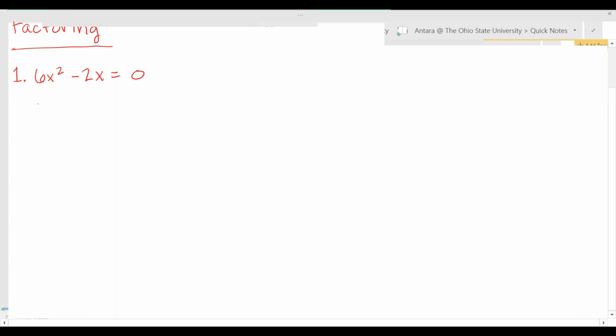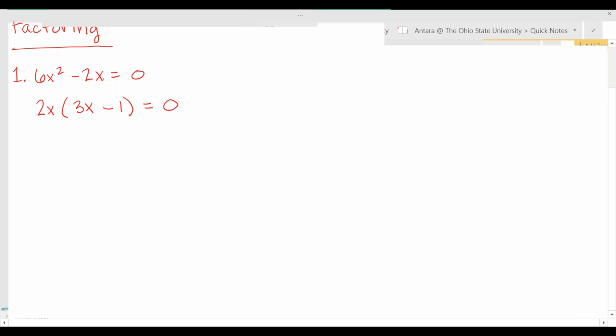So you bring out 2x, and when you do 6x squared divided by 2x, it becomes 3x. And then we have negative 2x divided by 2x, that becomes minus 1, and this is still equal to 0.